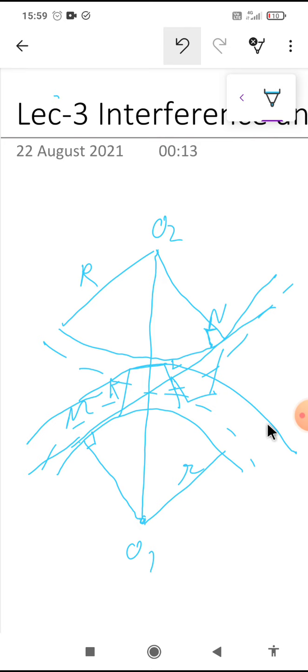So this will be the addendum circle here, and for the gear this will be the addendum circle here.